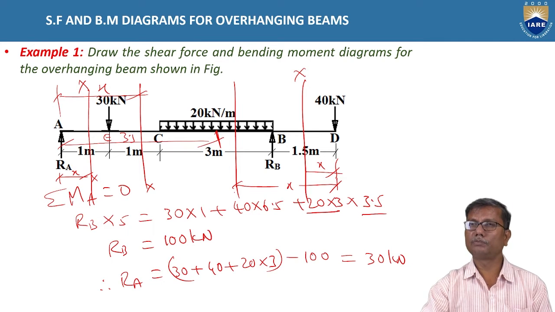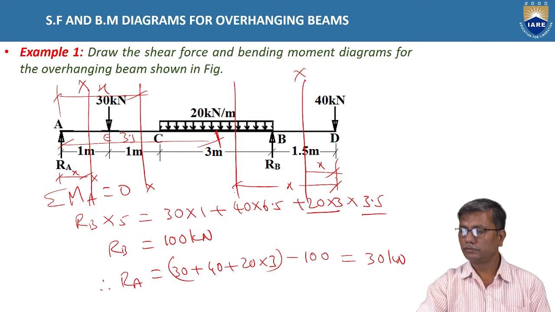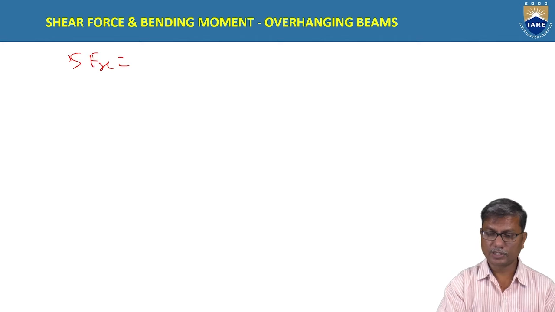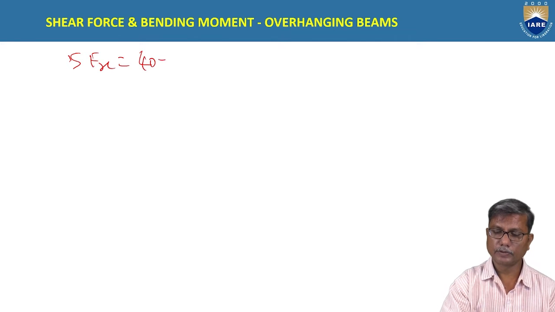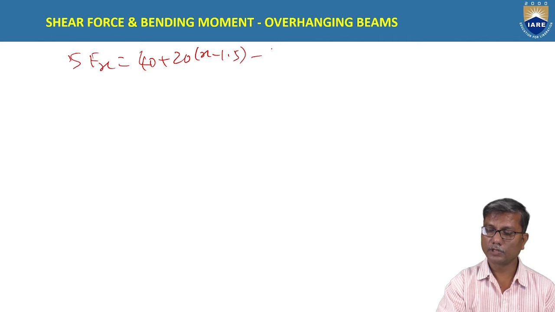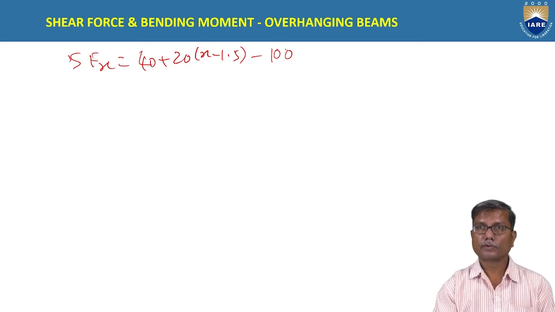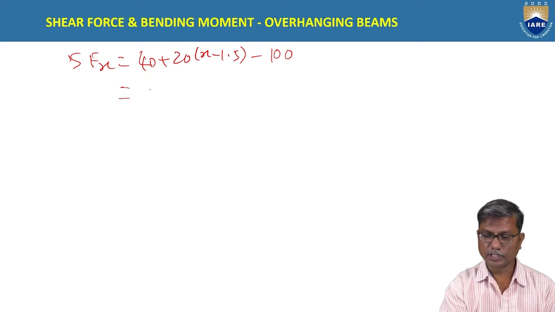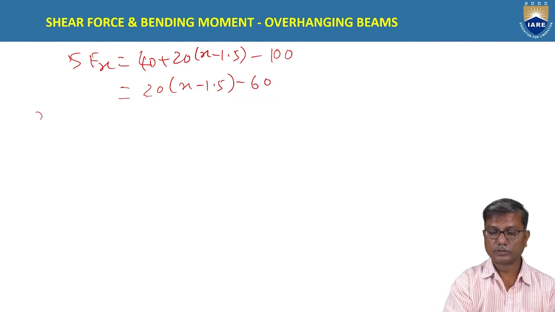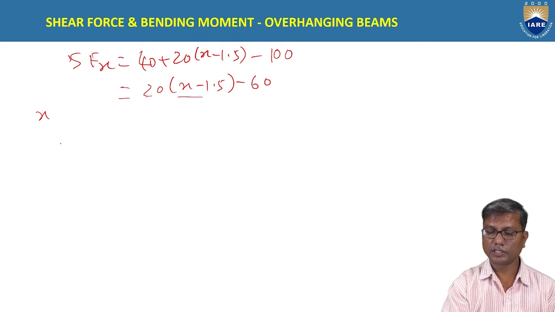These two are positive, minus RB, because RB is upwards on the right side, so it is negative. So the shear force at X is 40 plus 20 into X minus 1.5 minus RB 100. Okay. So this becomes 20 into X minus 1.5 minus 60. So this is also dependent on X now.